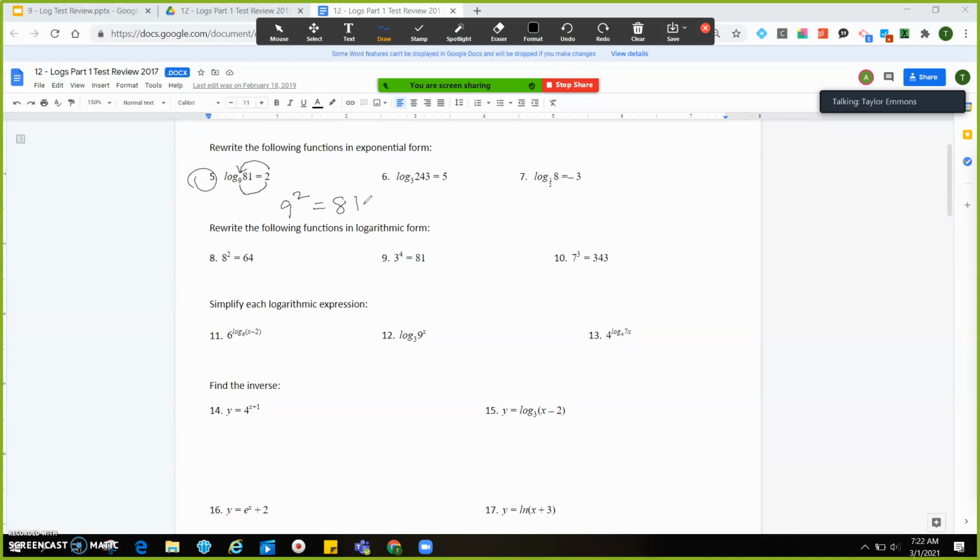And this was the first thing that we kind of learned with logs, rewriting them in exponential form. On number 6, same thing. You're going to start with your base, go to the outside, finish over here. So 3 to the 5th power equals 243.